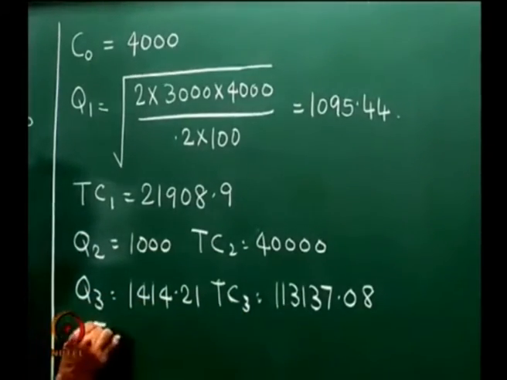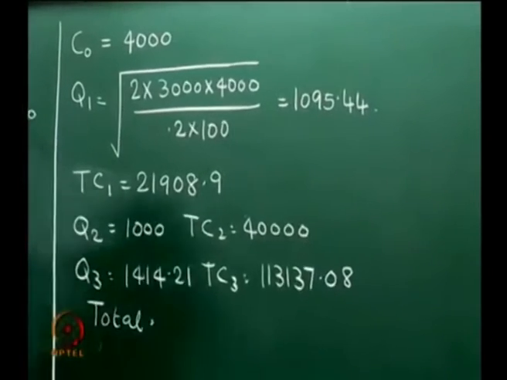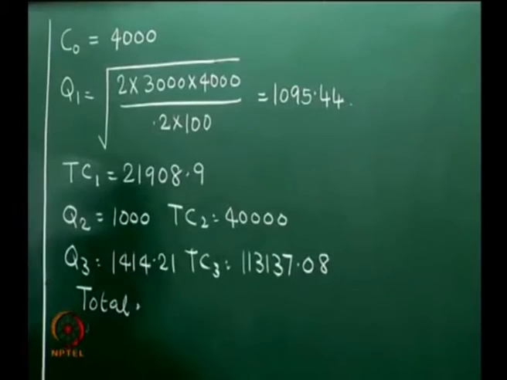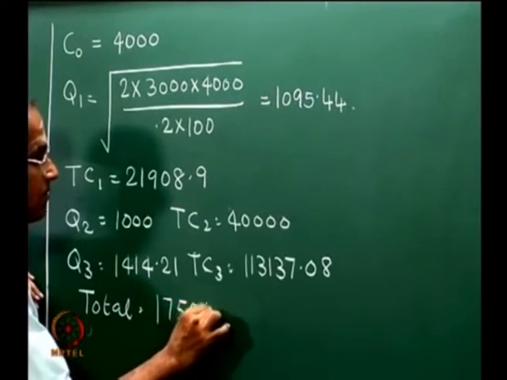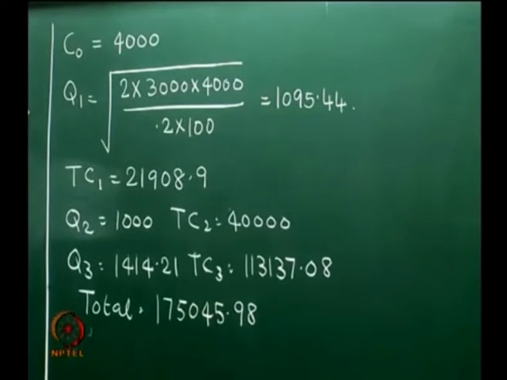This gives a total cost for the 3 items put together of 175045.98. This is the total cost incurred if they are ordered independently and separately.